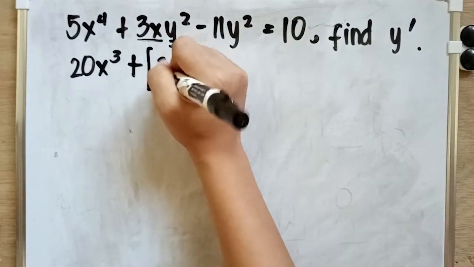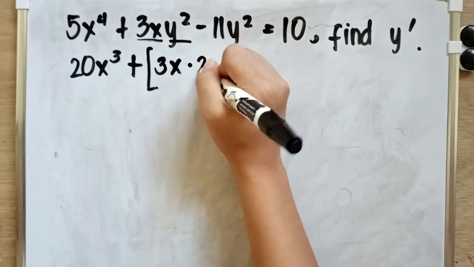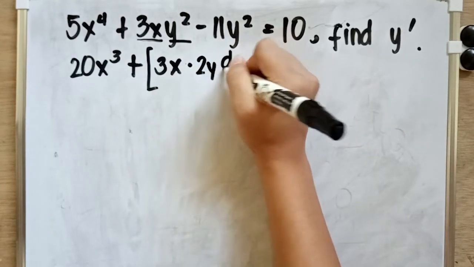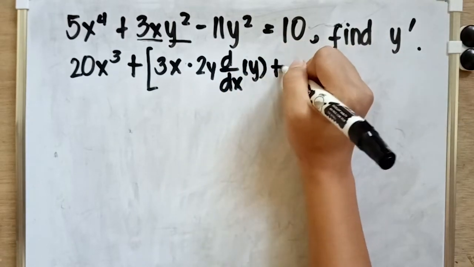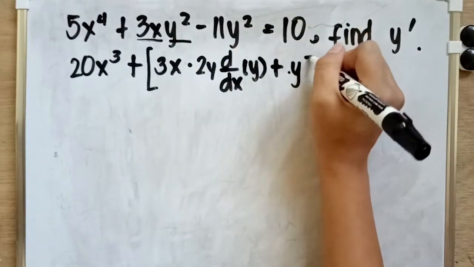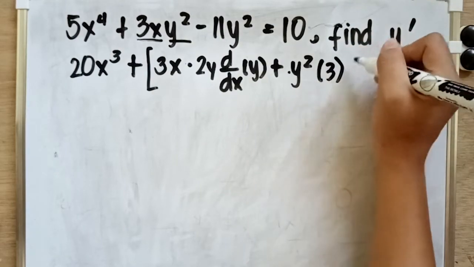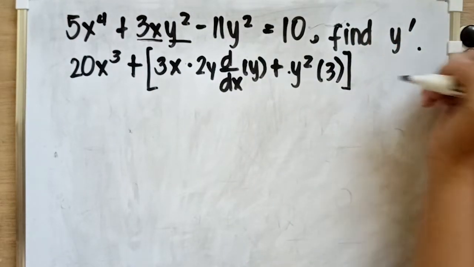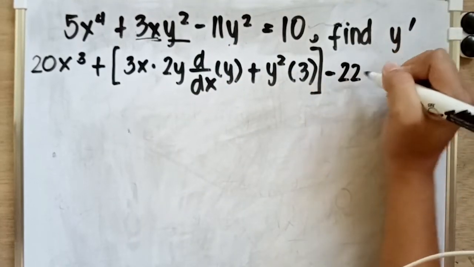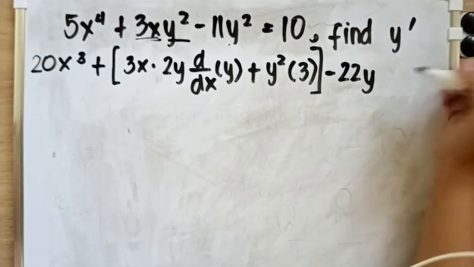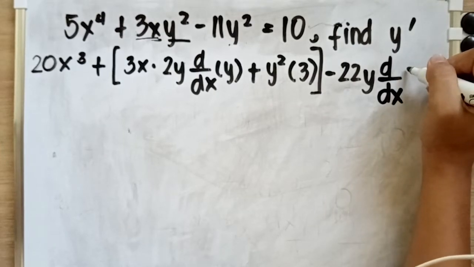Meron tayong 3x, derivative of y squared is 2y, then kabitan natin ng d over dx of y, plus y squared times the derivative of 3x, which is 3, minus derivative of 11y squared is 22y, then kakabitan ulit natin ng d over dx of y.